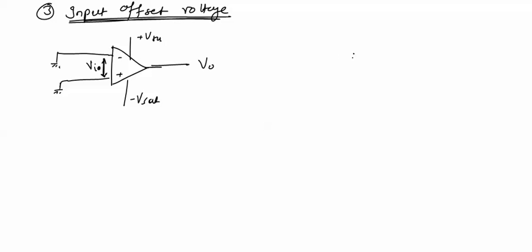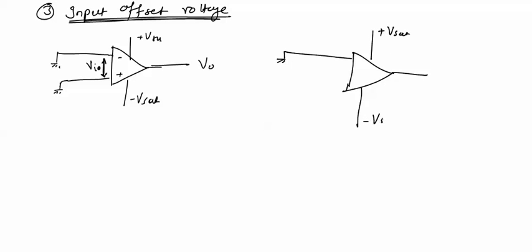There is another definition of input offset voltage. See, when both the inputs are grounded, we are not getting the output voltage equal to 0 volt. Means there is some voltage difference in the input. Now, if we apply a voltage source at the input terminal of op amp, polarity will be decided while doing this thing in a practical op amp.